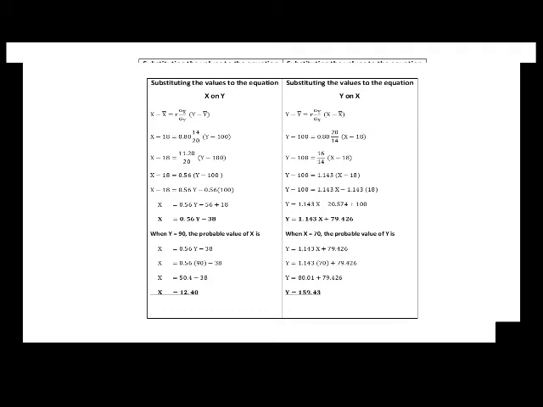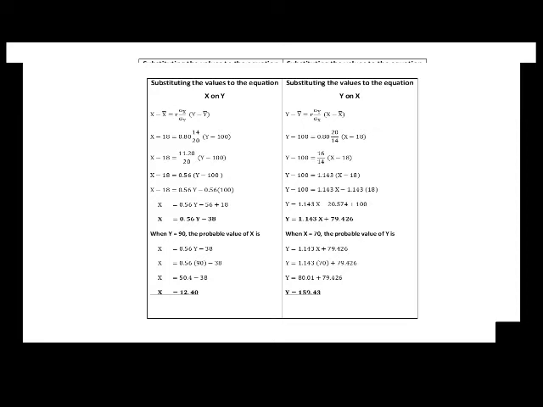When x is 70, the probable value of y is found by putting the values into the y on x equation: y is equal to 1.143 x plus 79.426.